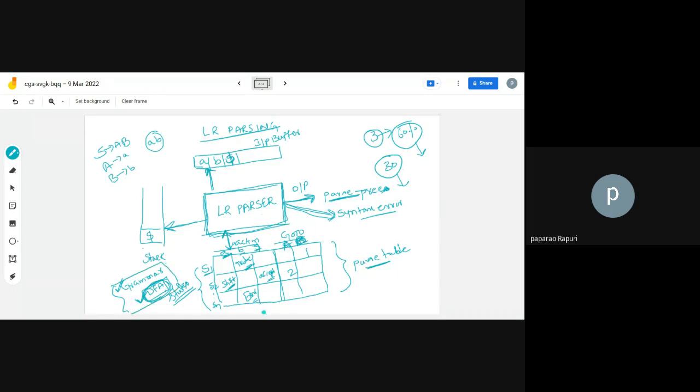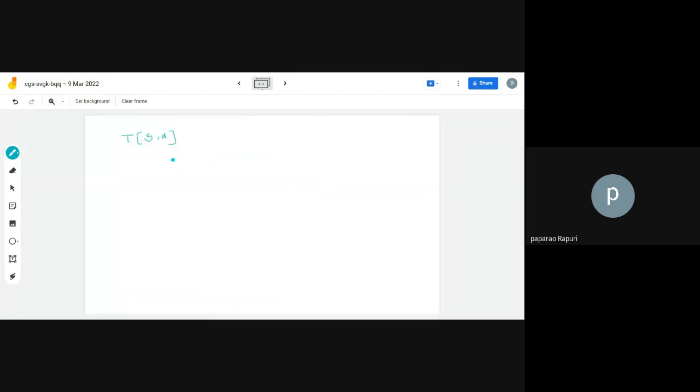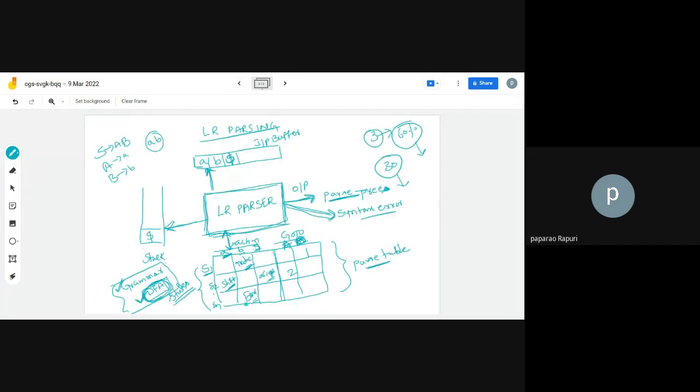Now, if we take S and A, and T of S comma A is equal to accept, that means if I take S to $, that produces accept.